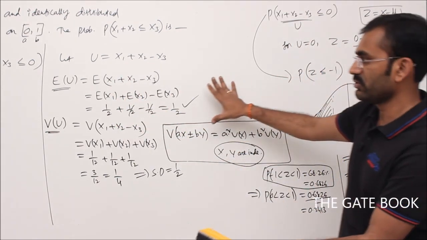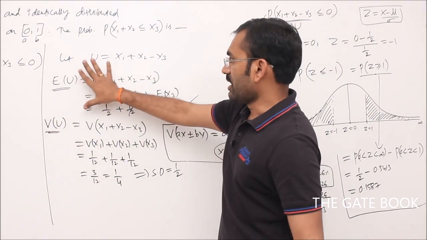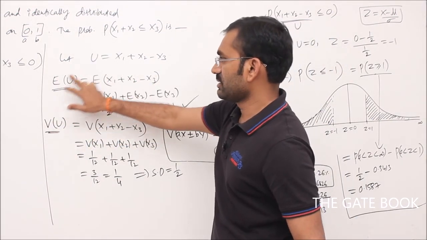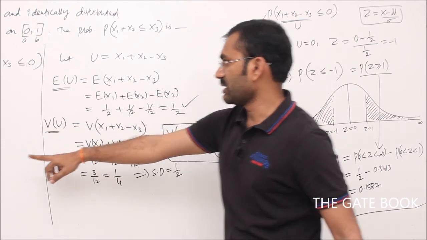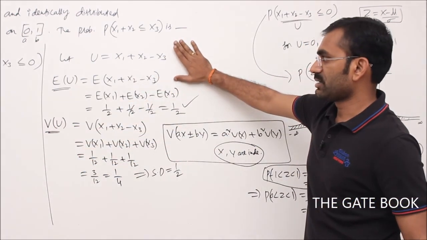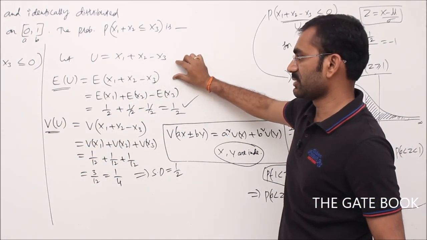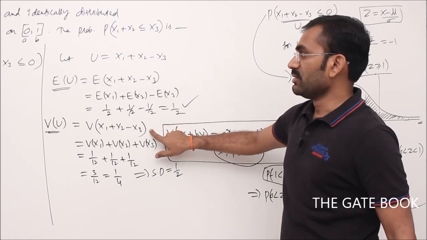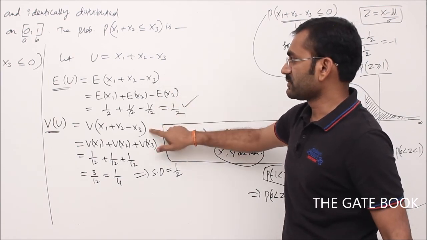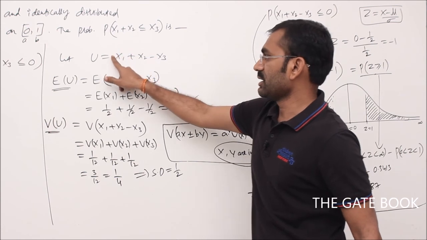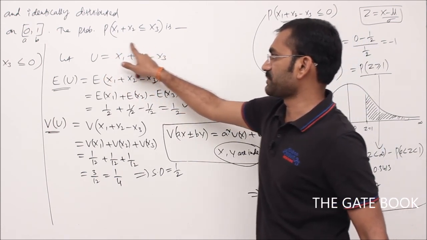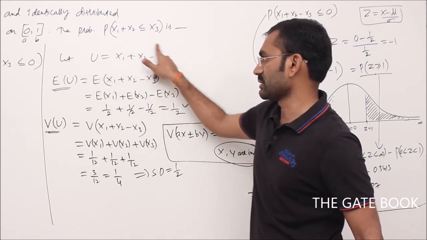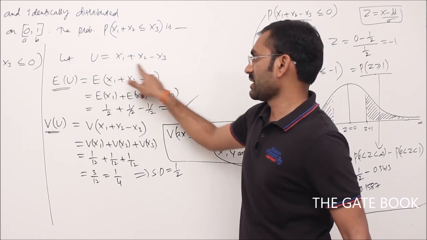First, we applied the uniform distribution to find the mean and variance. After that, we applied the properties of expectation and the properties of variance to find the mean and variance of the expression x1 plus x2 minus x3, which I am taking as u.